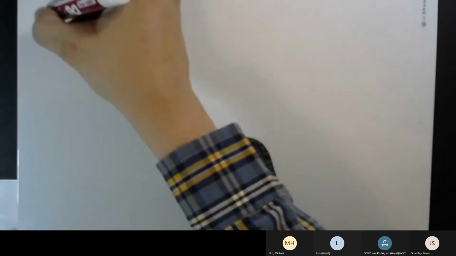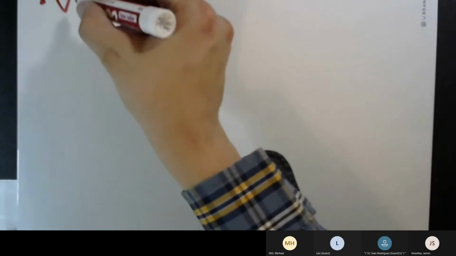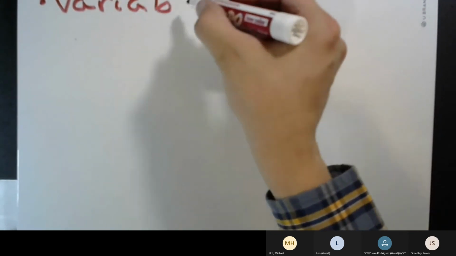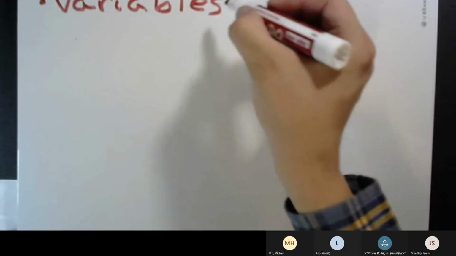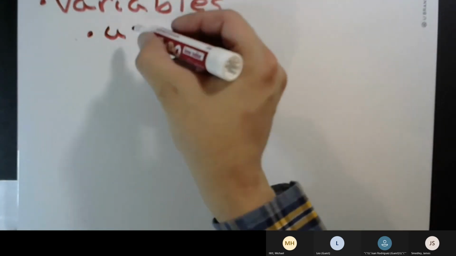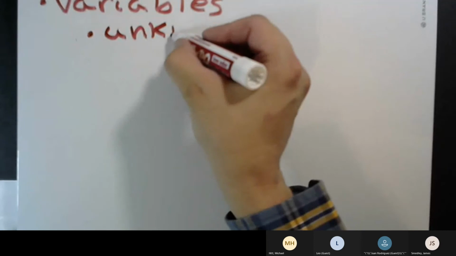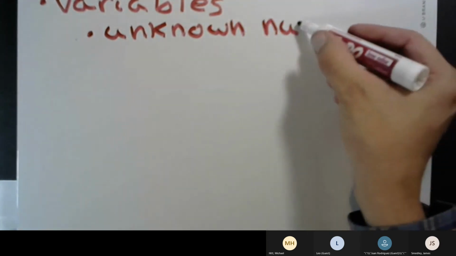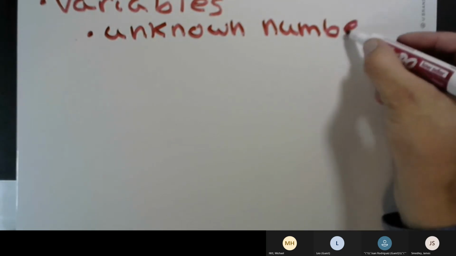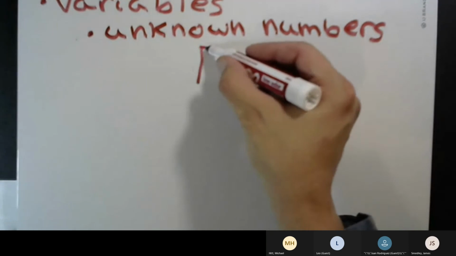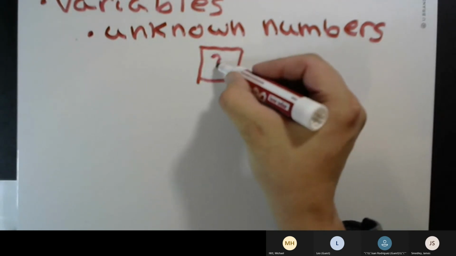Now, the big thing with algebra are variables. Now, variables, and this is all that they are, they're unknown numbers. So you can think of a variable as a big mystery box.